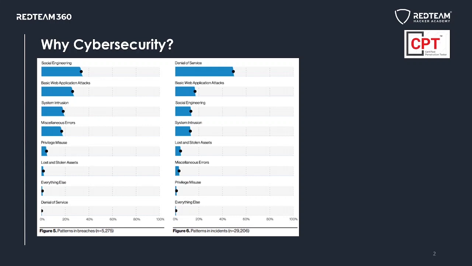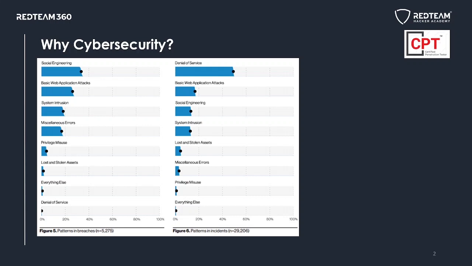Now, let us start with the need for cybersecurity. This slide depicts the cybersecurity data breaches that occurred in 2021. And this shows the most common reasons for cybersecurity breaches. You can see social engineering attacks.